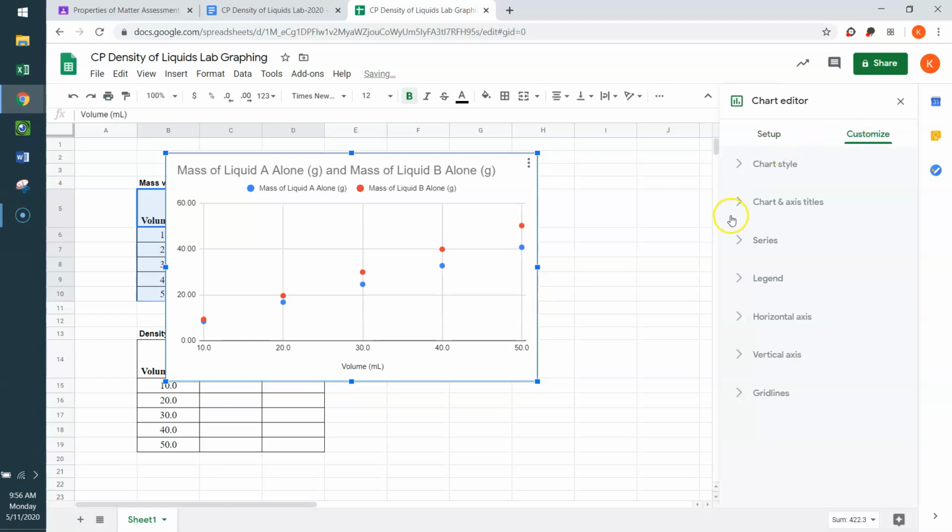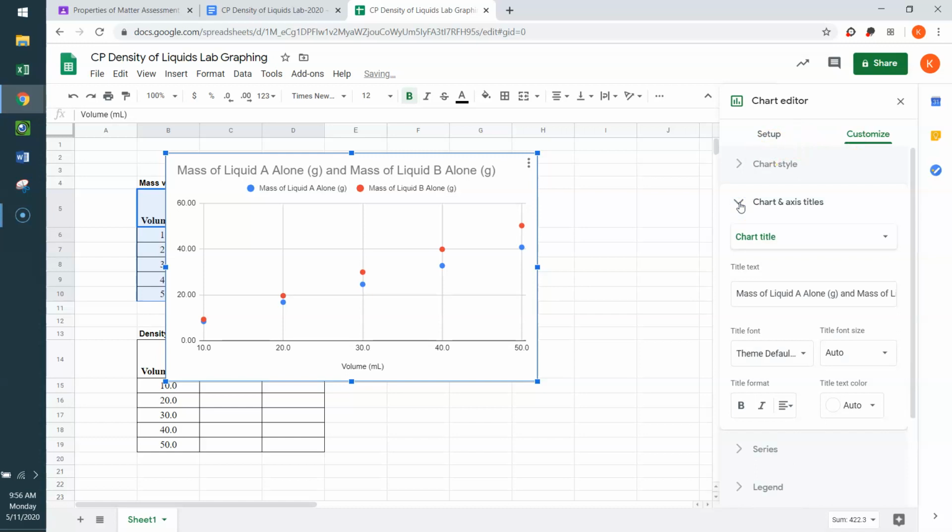And under Customize, we're going to start with our title. So the chart title doesn't really describe what this graph is showing us. So I might come here and type something in that makes sense. It helps to describe what this graph is looking at. So this would be how volume affects mass.